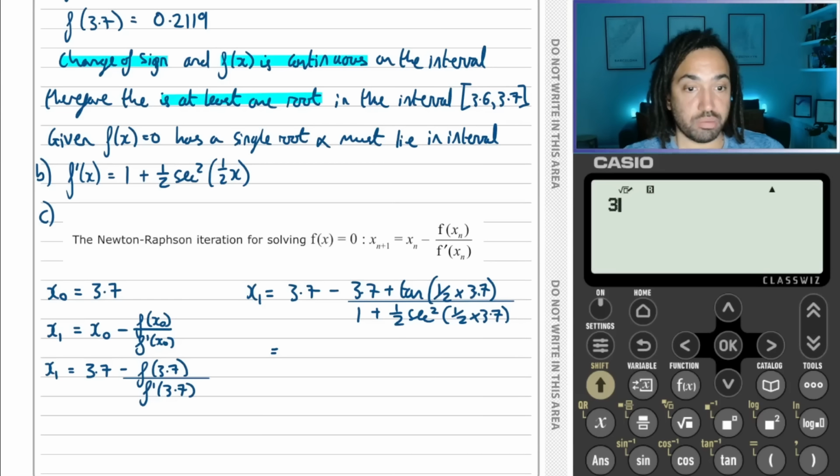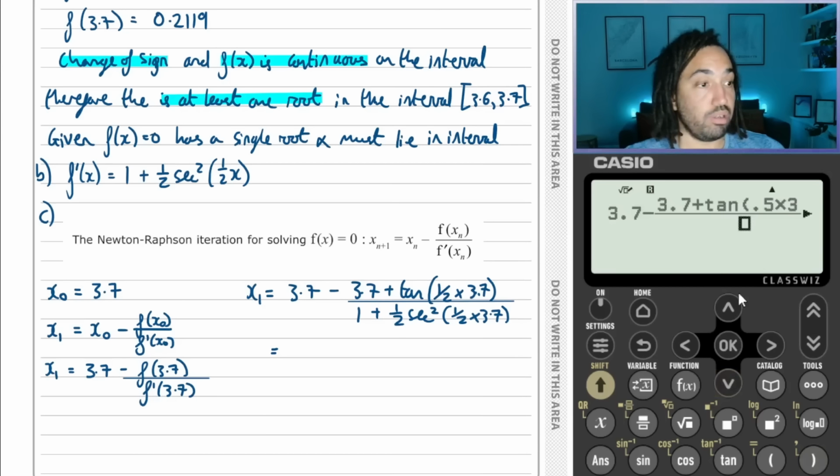Okay, so we're going to do 3.7 and we're going to go minus and bracket and 3.7 plus tan of a half times 3.7, close bracket. Okay, that was the easy part.